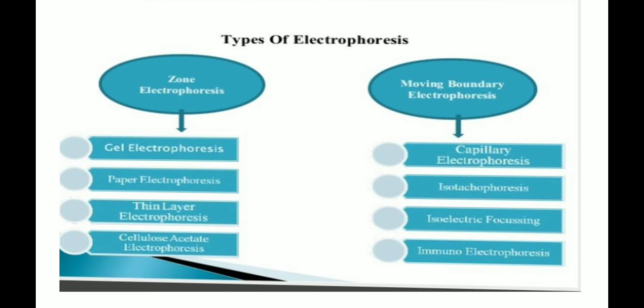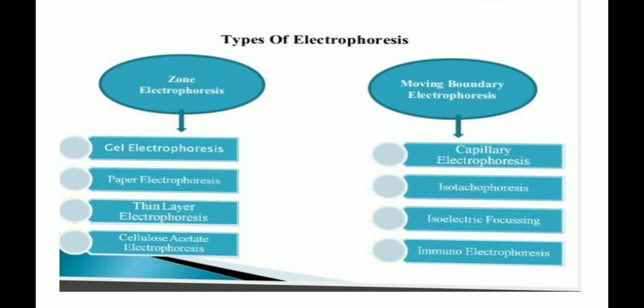Here you can see the types of electrophoresis, which are divided into two main groups: zone electrophoresis and moving boundary electrophoresis. Zone electrophoresis is subdivided into four types: gel electrophoresis, paper electrophoresis, thin layer electrophoresis and cellulose acetate electrophoresis. The second type, moving boundary electrophoresis, is also subdivided into four types.